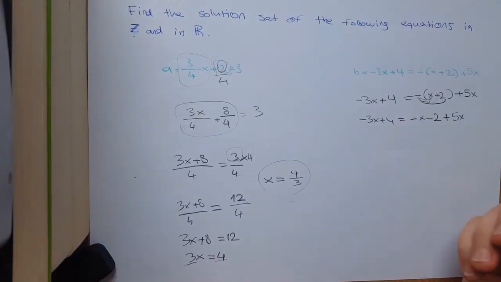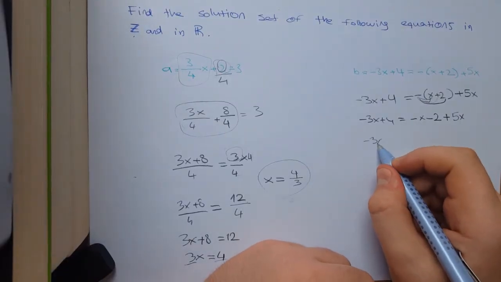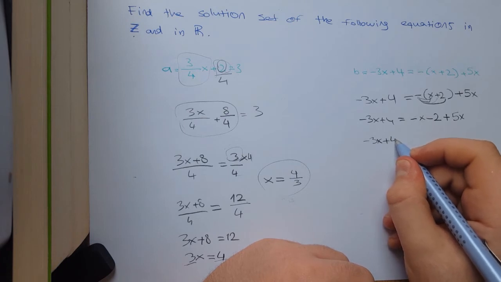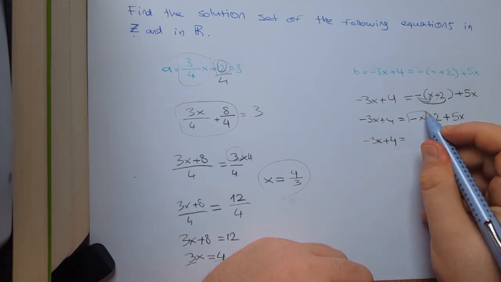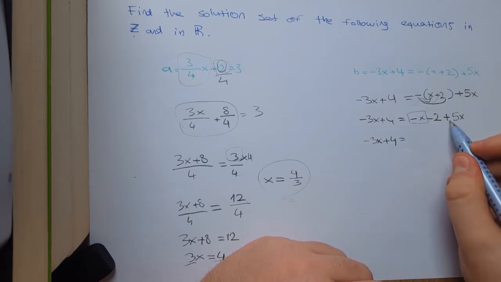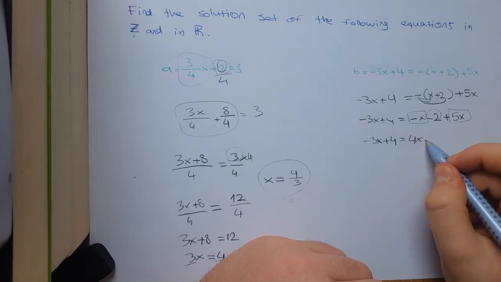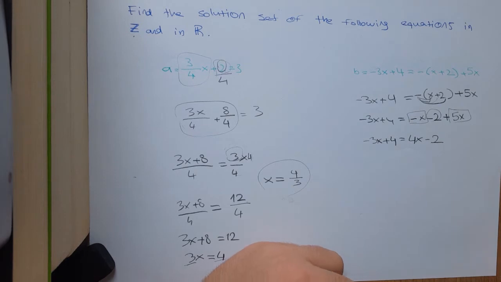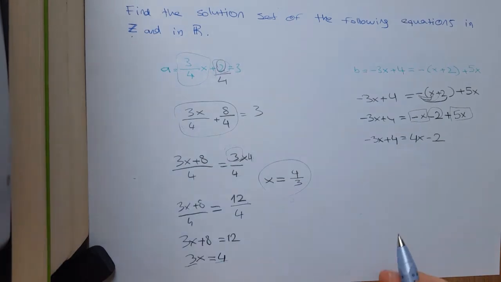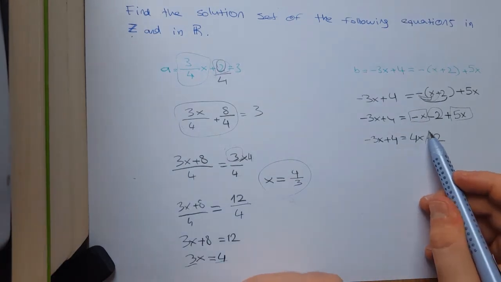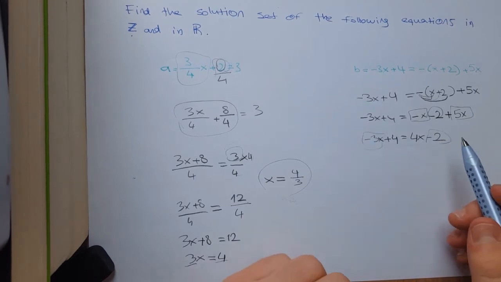Now we should add the same elements up. There is nothing to be added here, but on the other side we should add up minus x and 5x and we get 4x as a result. Then we have minus 3. Now that's quite challenging, this part. In this part we should get rid of minus 2 and minus 3x.